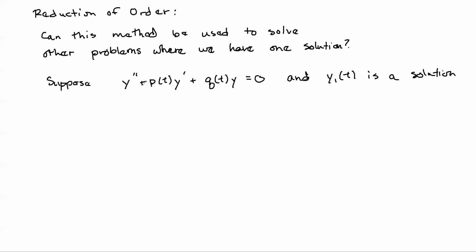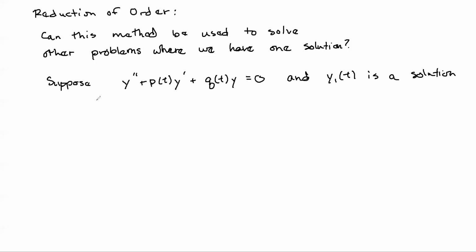We have a second order differential equation. It's homogeneous and linear. Notice it does not have constant coefficients, so this is a more challenging problem to solve in general. So suppose we have a linear homogeneous second order differential equation, and we have one of the two solutions. We really wish we had the second, but we don't.